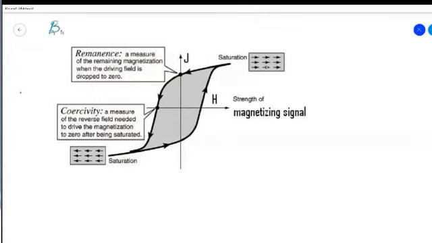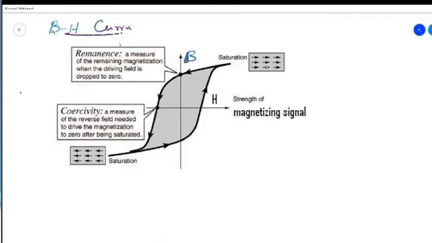The last topic that I want to discuss today is the BH curve. You would have done this experiment both in your physics laboratories as well as in other laboratories.